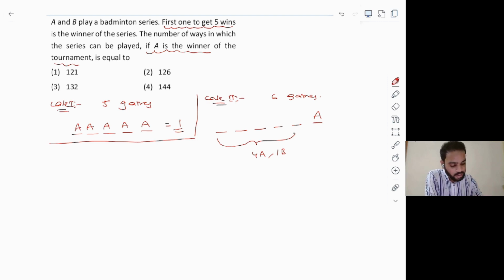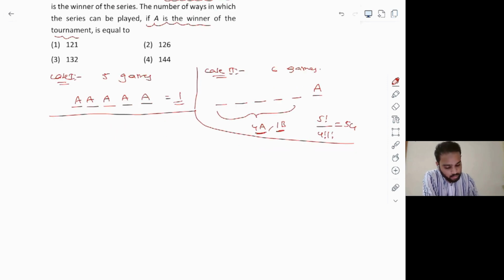Obviously, totally 5 places are there, and out of that, four places should be filled by A and one place should be filled by B. So which is nothing but 5 factorial divided by 4 factorial into 1 factorial, which is actually 5C1, right?